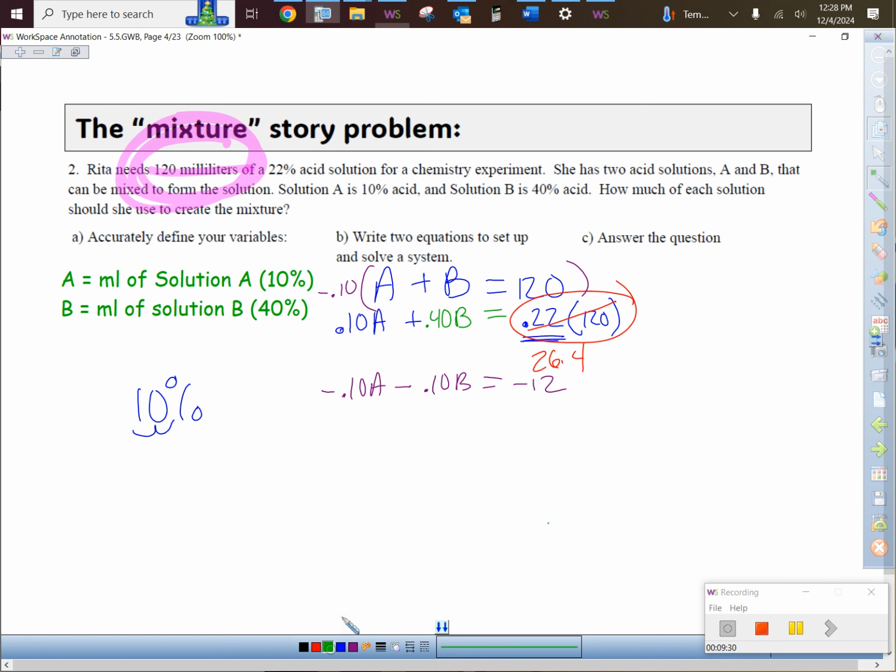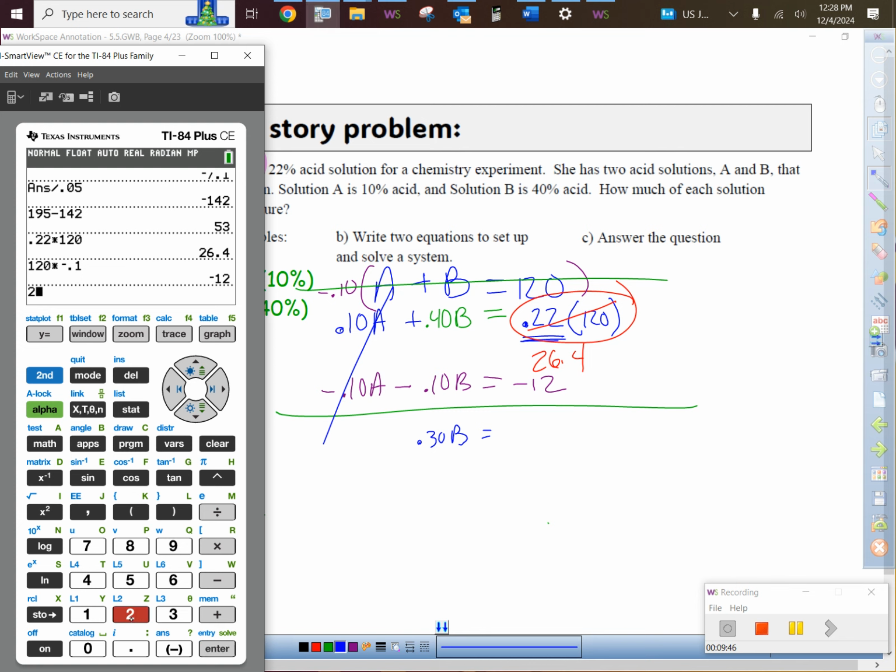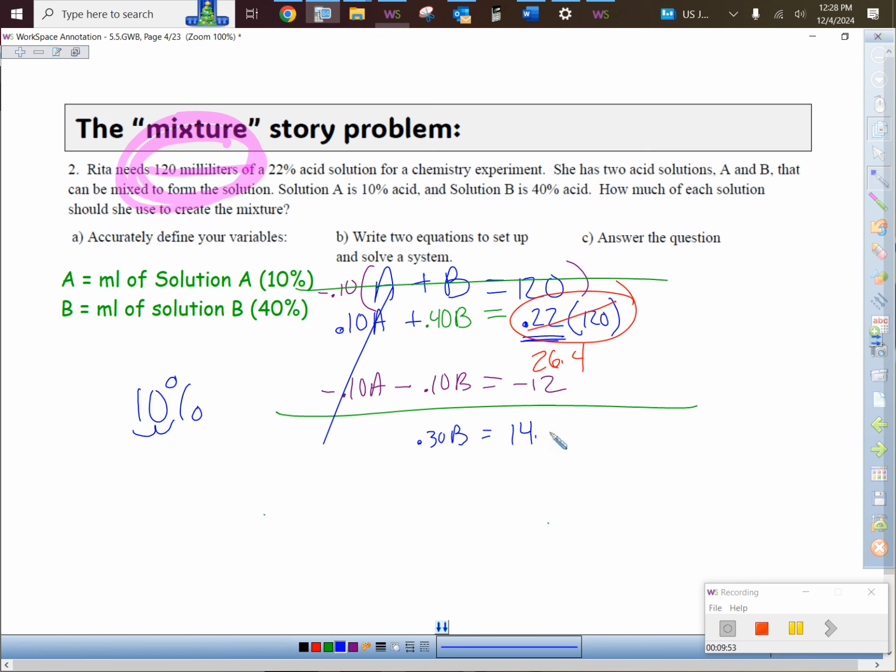Lightly strike that out, and then add those up. And the A's cancel. And then 26.4, that's the weird part, 26.4 minus 12. 14.4, what I got over there.